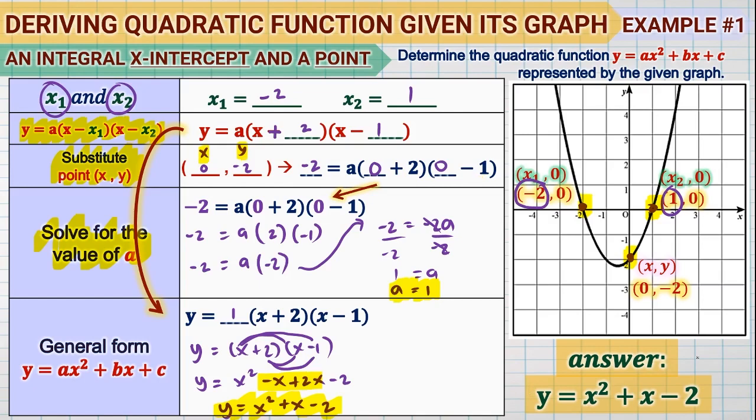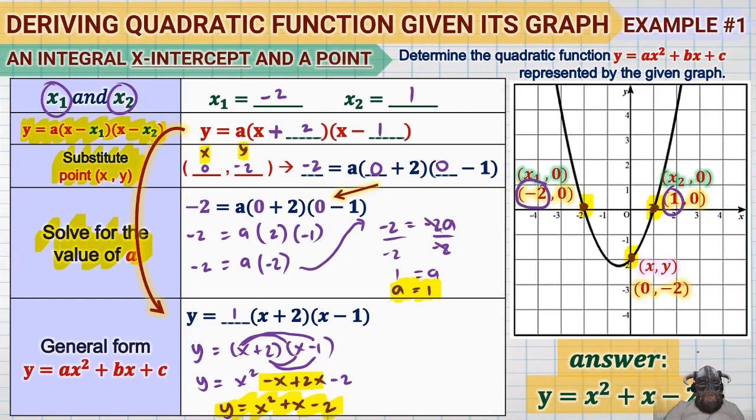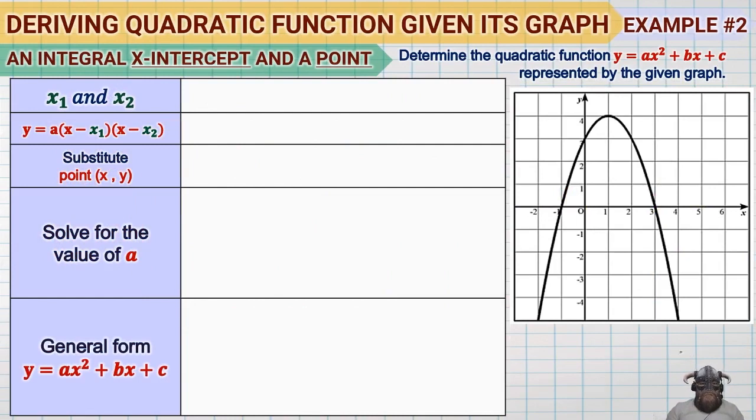Okay, let's have this second example. So once again, we are to determine the quadratic function in general form. So from the given, we have the parabola opening downward. But yes, in this case, pwede kang gumamit ng vertex kasi integral yung vertex dito. Pero try naman natin siyang sagutan ng gamit yung x-intercept.